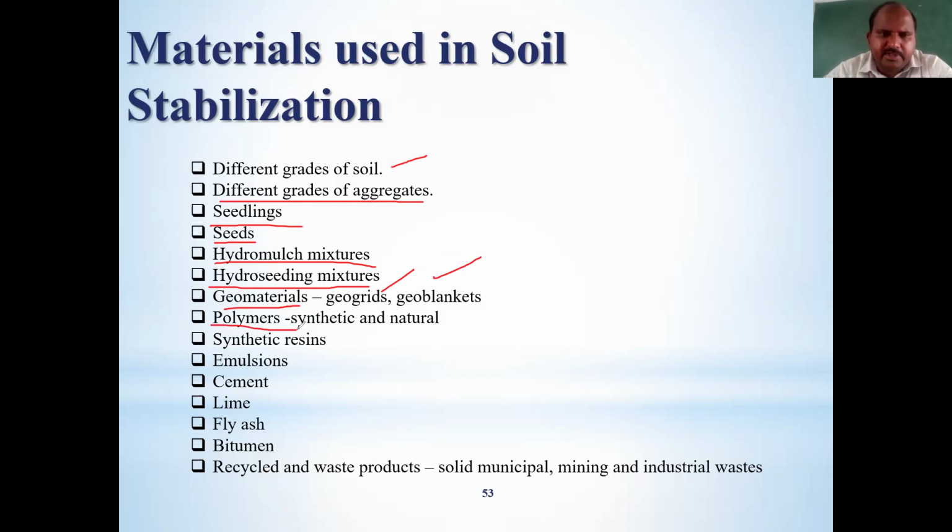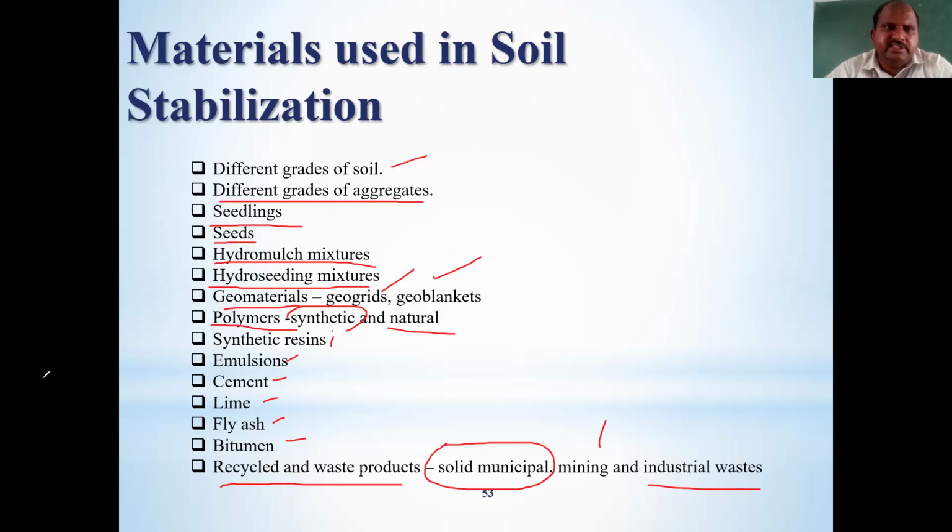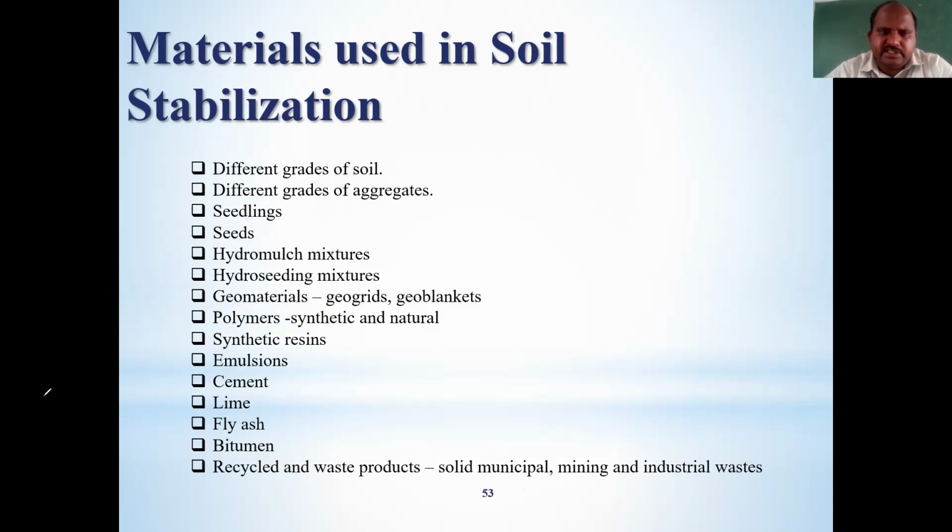And finally, the polymers: we are using synthetic material and also natural and synthetic resins, emulsions, cement, lime, fly ash, bitumen. Finally, recycled and waste products from solid municipal waste and also mining and industrial waste. These are some of the materials we are using in soil stabilization.